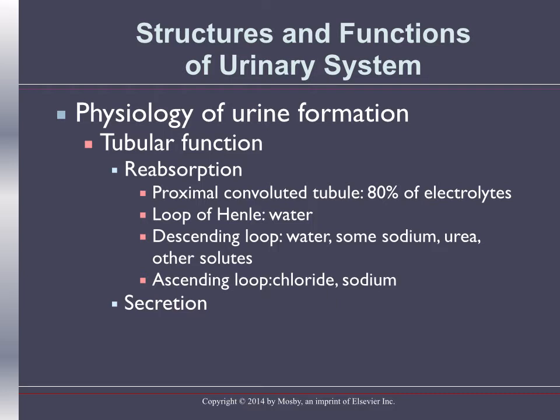Before we move to the next slide, let's review some functions of the segments of the nephron, which we just learned about. We've talked about the glomerulus. The job of the glomerulus is selective filtration of the blood.